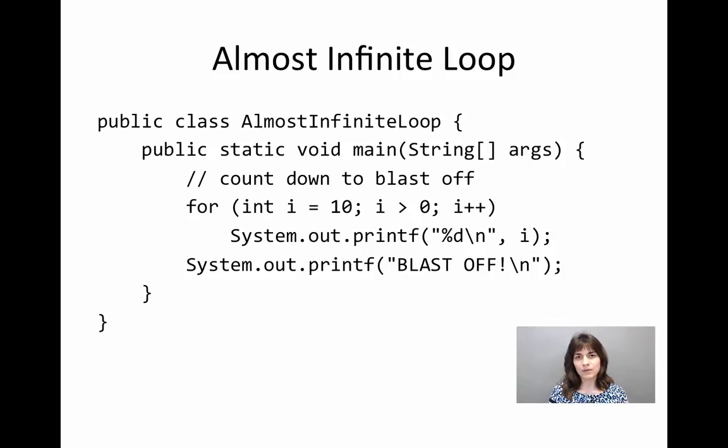If the intent of the programmer was to execute this loop 10 times, the correct statement would be to decrement i. So instead of i++, it should be i--. Now, why is this an almost infinite loop? Well, i will continue being incremented until it reaches the maximum integer value available in the system.